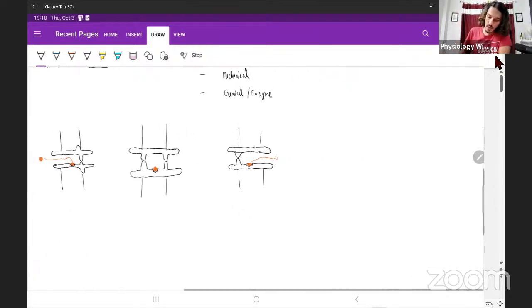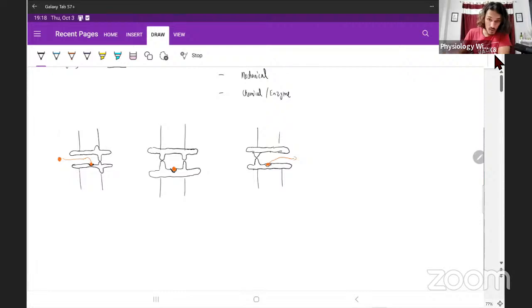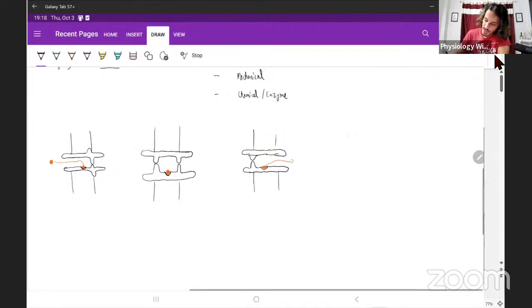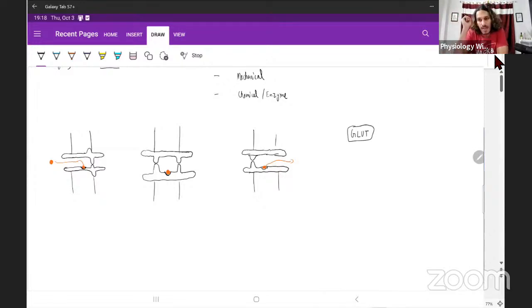Now, coming to an example, the most common example that you can come across is what is called a GLUT. These are basically glucose transporters. Now you have to understand, apart from this, glucose can be transported in other ways, like secondary active transport, which we will come across later. But this is one of the most common ways by which glucose is transported.